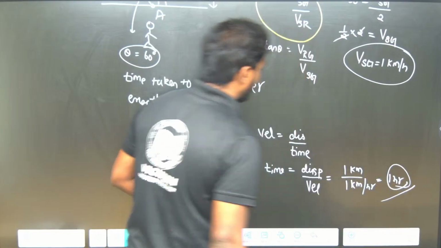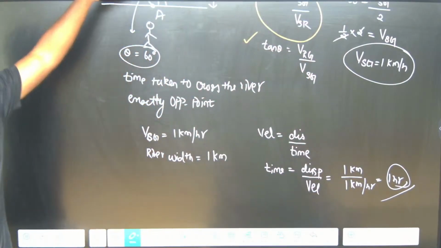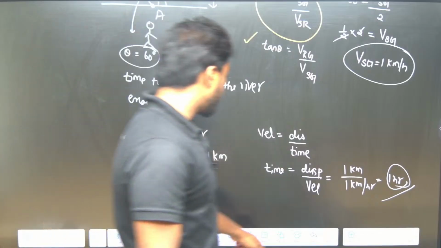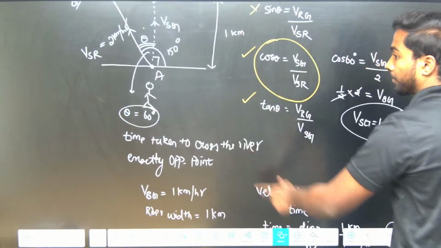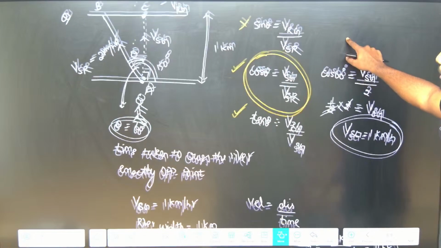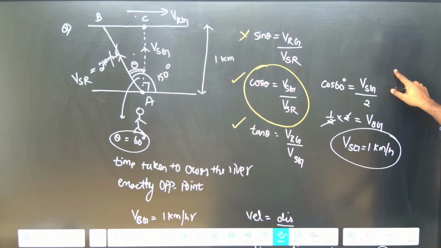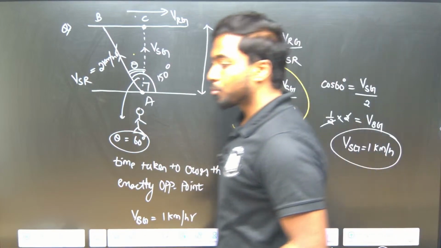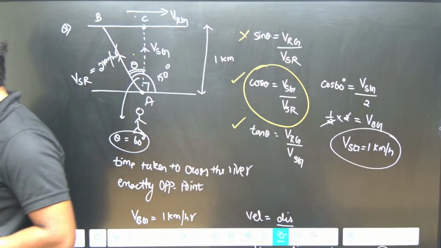So this is the time taken to cross to the exactly opposite bank of the river. So this is my answer. This is how you need to solve the questions when they are asking in relative motion, that too in river and man problems.